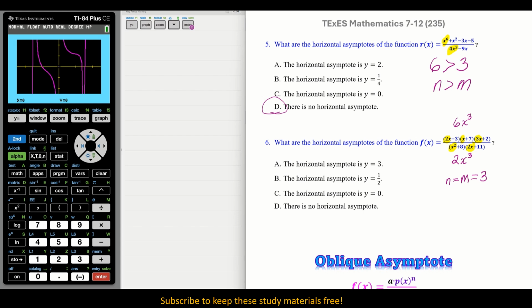Since they're equal, this means that we need to look at our leading coefficients. So that means y equals 6 over 2, and that actually gives us 3 again. So A is the option that we need.